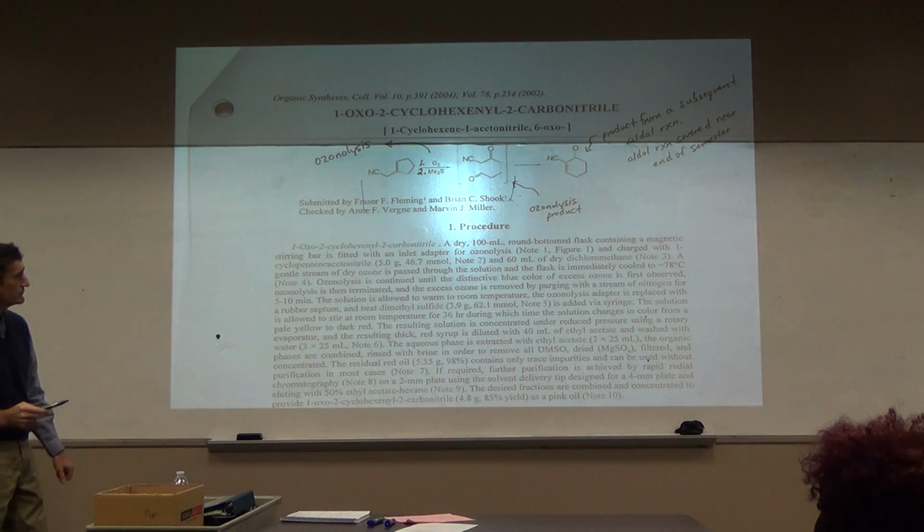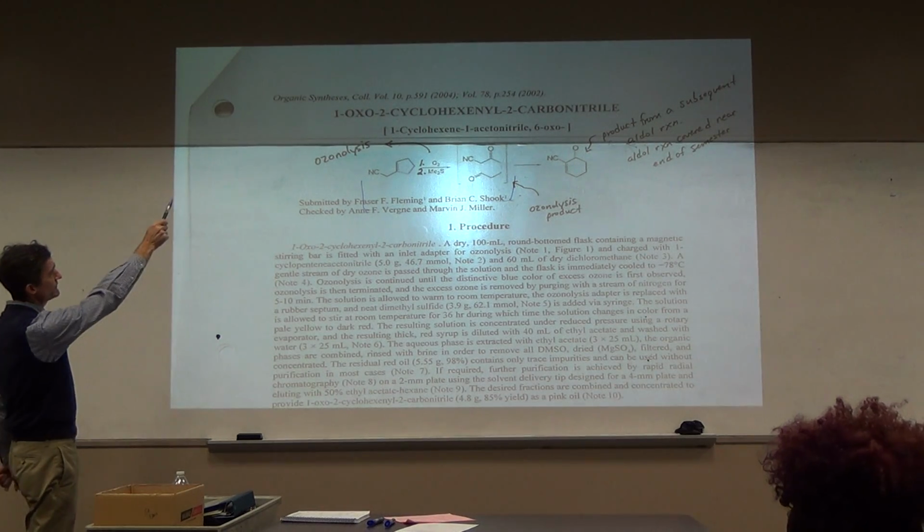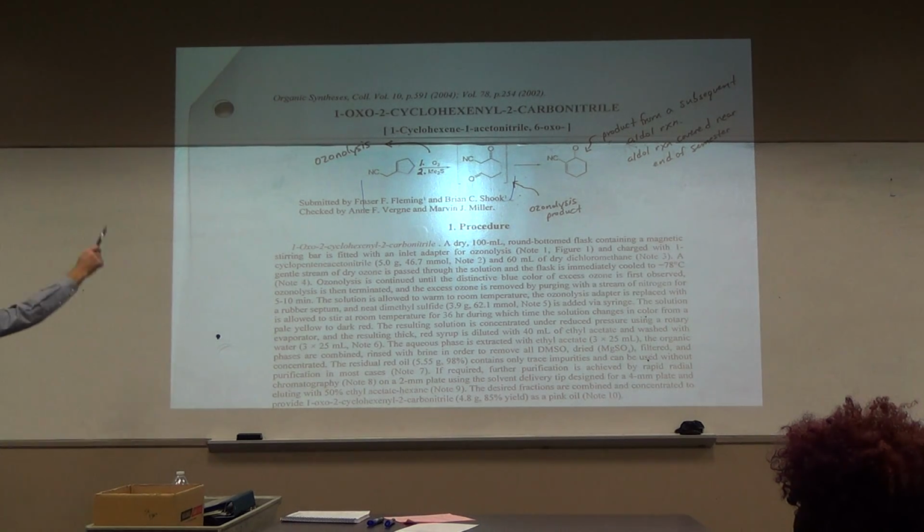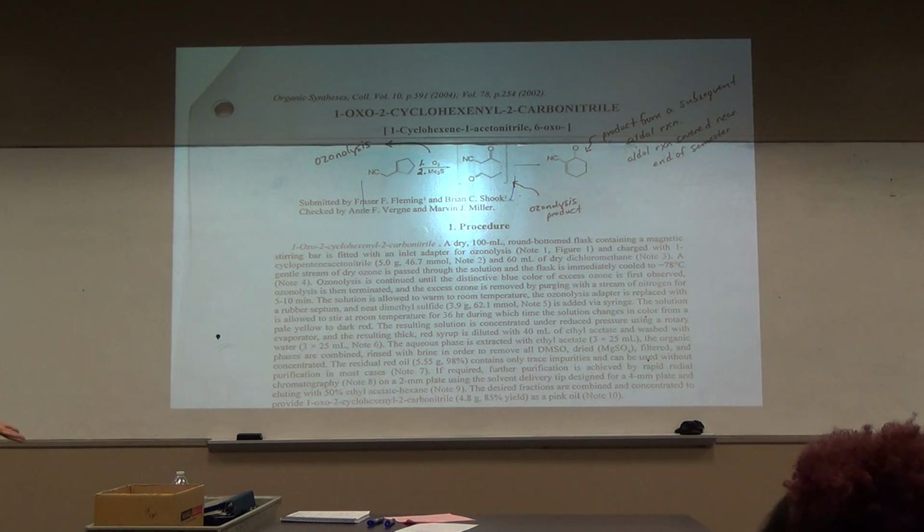If you're interested in reading about how it's actually done, this comes from a periodical called Organic Syntheses. It's been published for 100 years. It used to be subscription, but about 20 years ago they made it free. And now you can access all these procedures online. Any reaction we've ever covered, you can probably find an exact procedure on so-called OrgSyn.